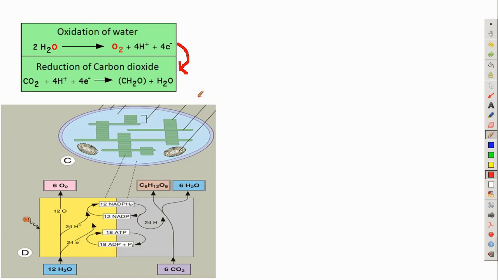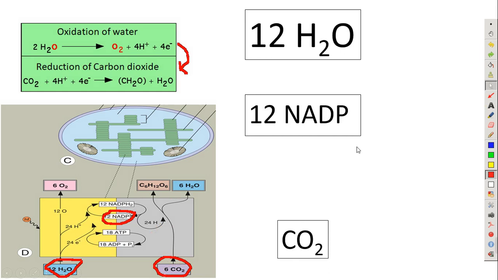There needs to be an intermediate, and this intermediate, you already know it, it's NADP. Indeed, we're going to have water, NADP, and CO2. These are free molecules.